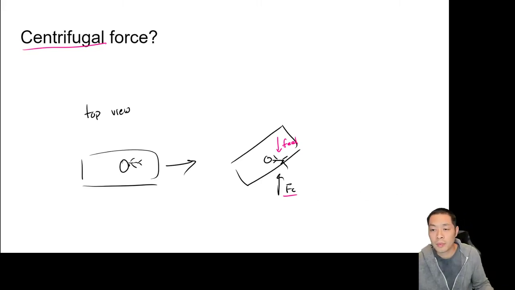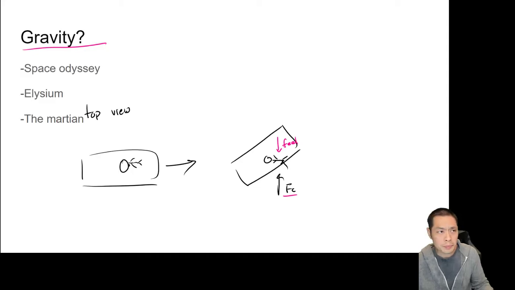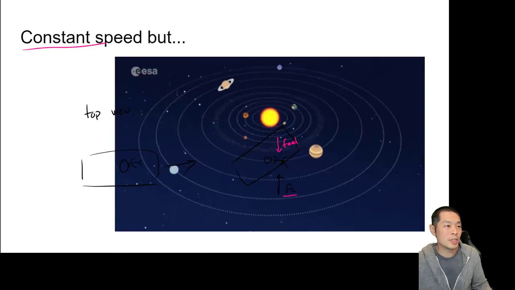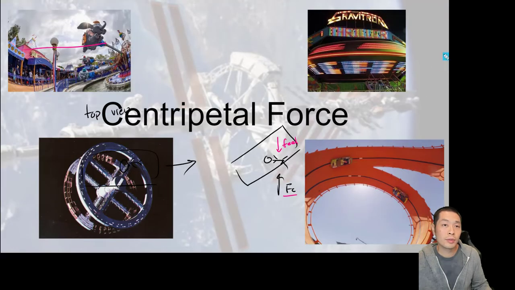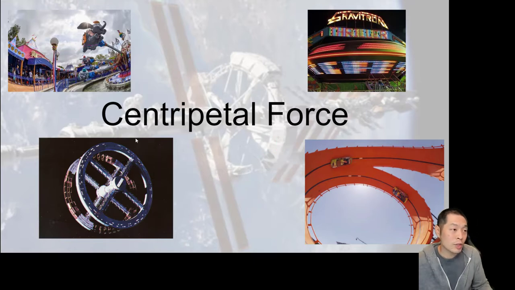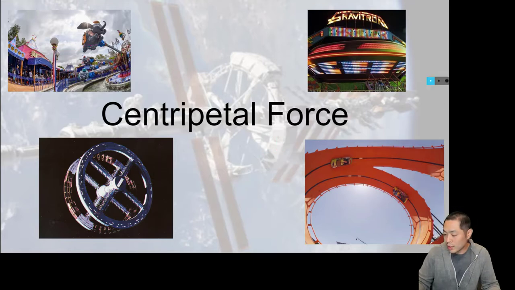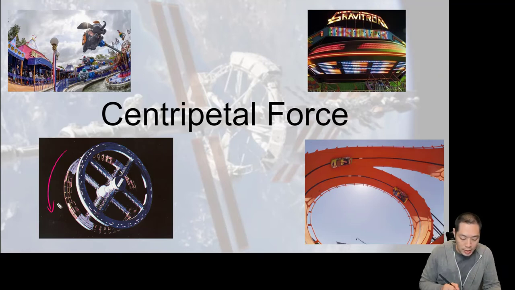Now, gravity. Why are those things actually pretty relevant for us? Well, I'm going to have videos posted for Space Odyssey, and I think it's Elysium, the one with Matt Damon, and there's another one with Matt Damon. In all these movies you see a spaceship with a circle, and these things are rotating around like this.